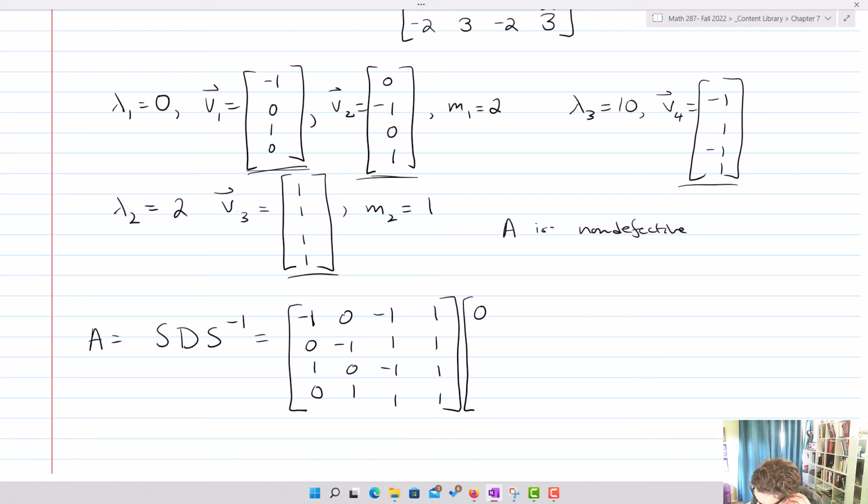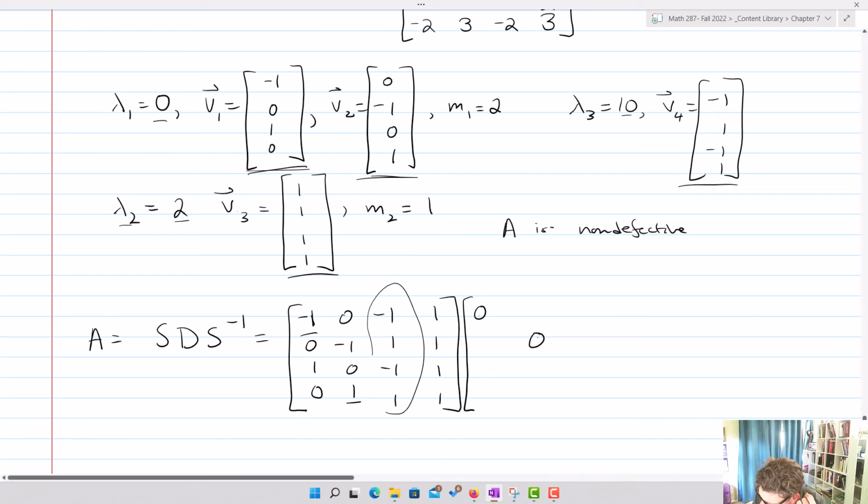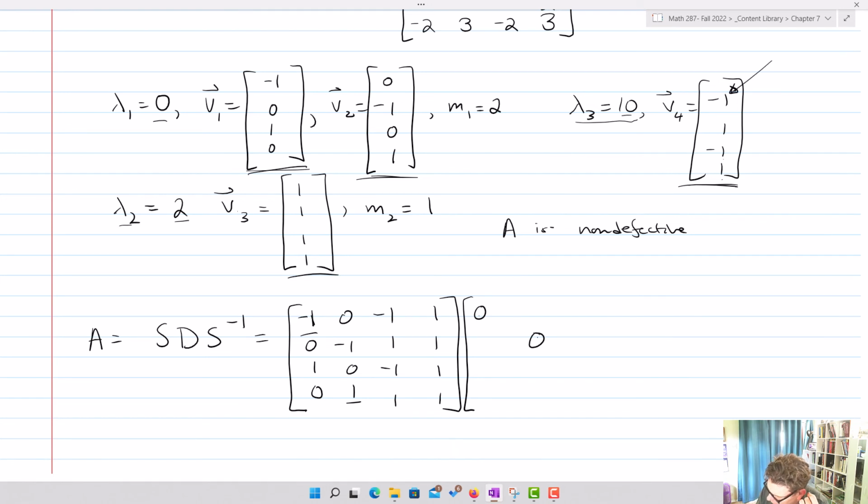Remember, if column 1 and column 2 go along with lambda 1 equals 0, then we have to have zeros in the diagonal there too. I got lambda 3 equals 10 with -1, 1, -1, 1, so that means I've got to have 10 in column 3, and then I can have 2 in column 4.